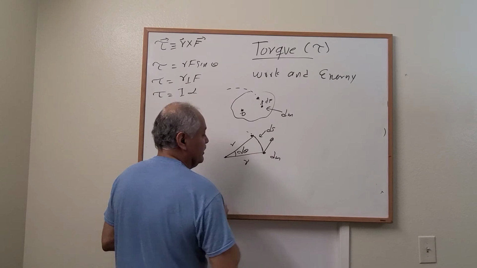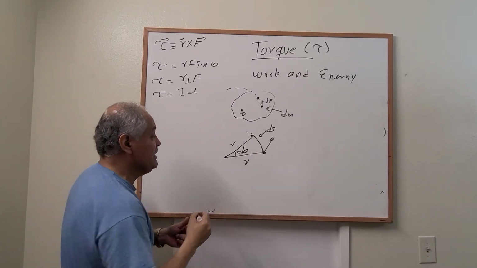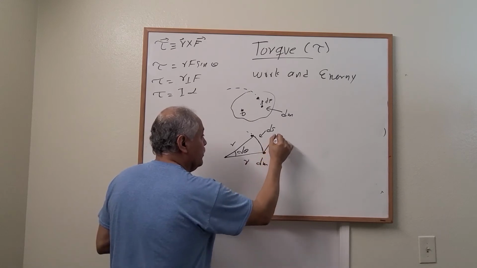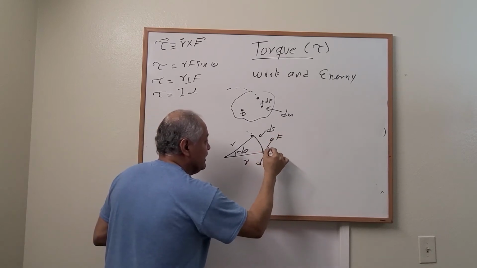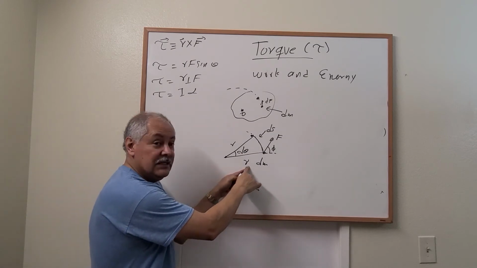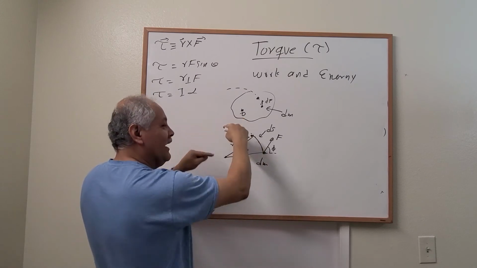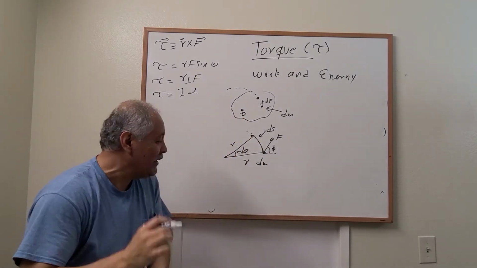Imagine this is the force applied to that mass m. So this is the angle phi between the position vector and that force, and we create that angle of rotation.